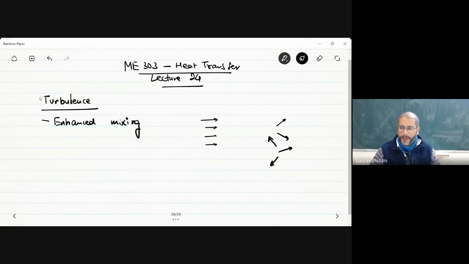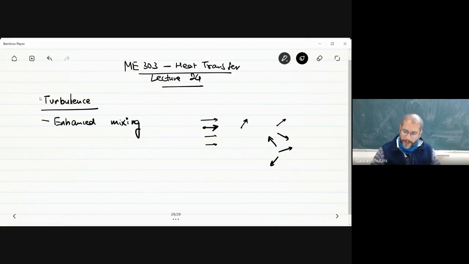If we see this picture again at a later time, all these directions will be quite random and quite different from what they are at this snapshot. Initially when the flow was laminar, it was going in nice streamlines, and then, as you see in rivers, there's a lot of mixing, and the flow is happening in all different directions.